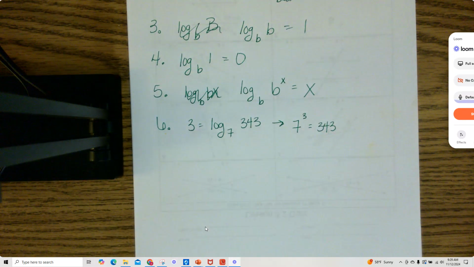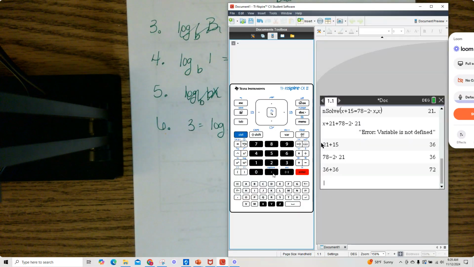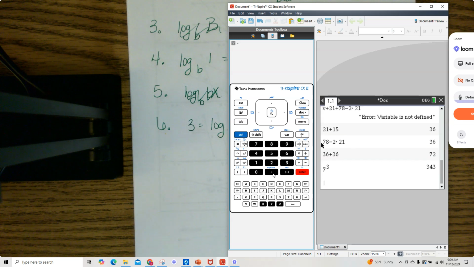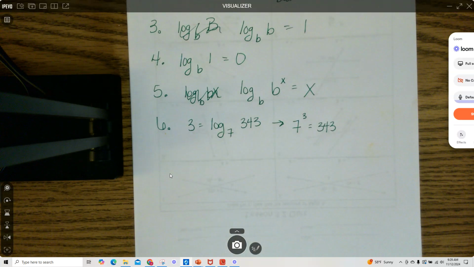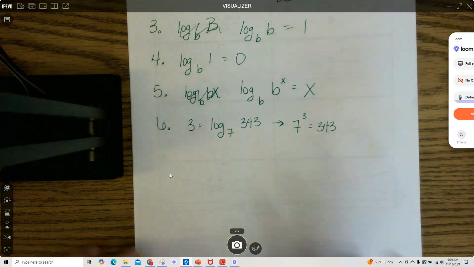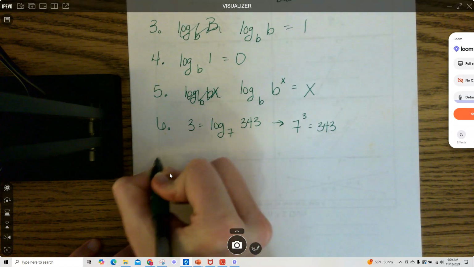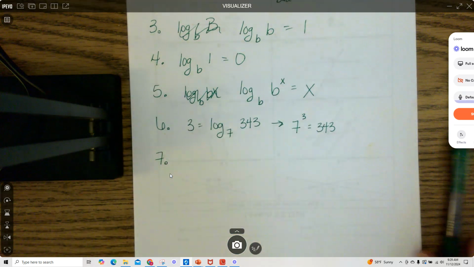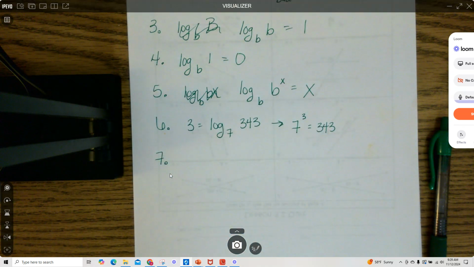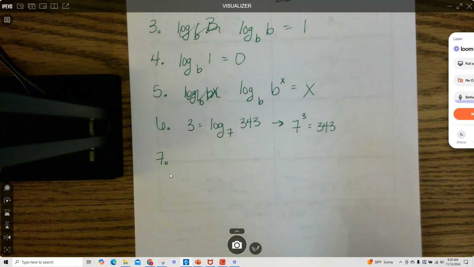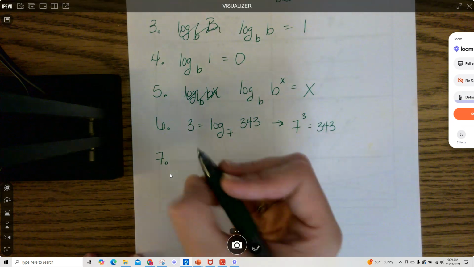So if you check that with a calculator, like 7 to the 3rd, you get 343.